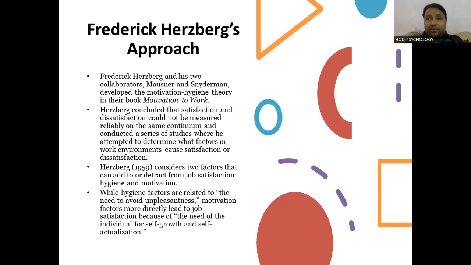As you know, the first that we discussed in the last class was Maslow's need hierarchy theory. Today we are discussing Frederick Herzberg's two-factor theory. These are considered to be content theories. Also, we will discuss a few other theories in the coming lectures.